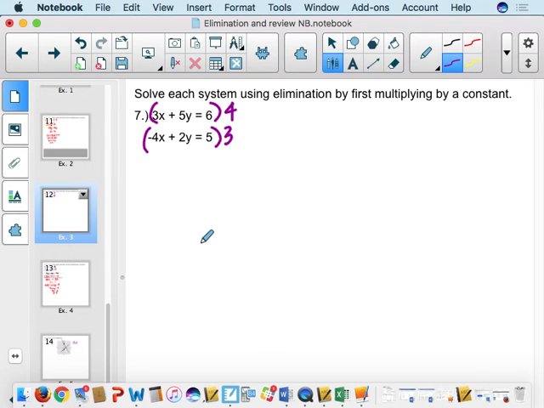All right, let's go ahead and check and see how we're doing on this problem, and then we'll get started on our homework. So we're going to distribute the 4 times everything on top. Say this out loud with me. What are we going to get? And the bottom equation?